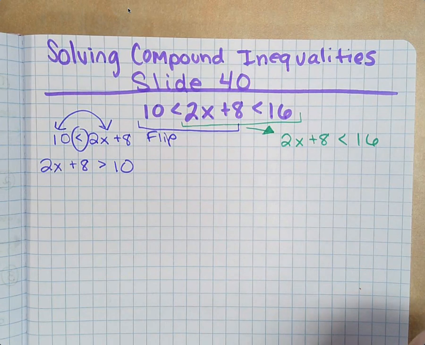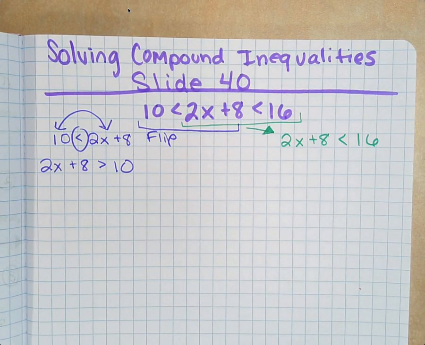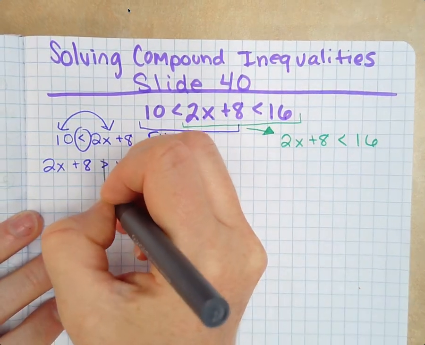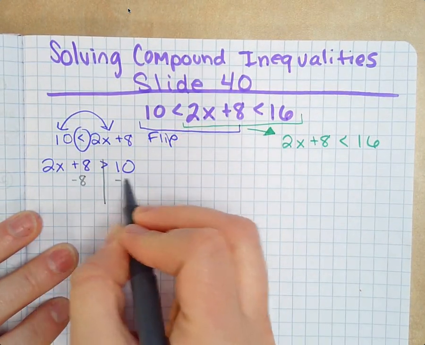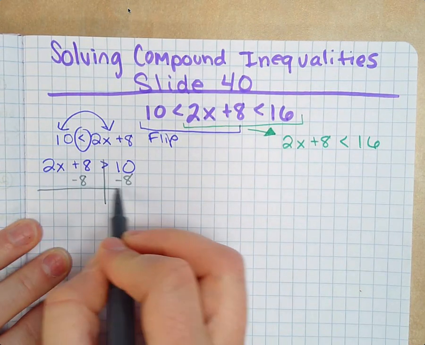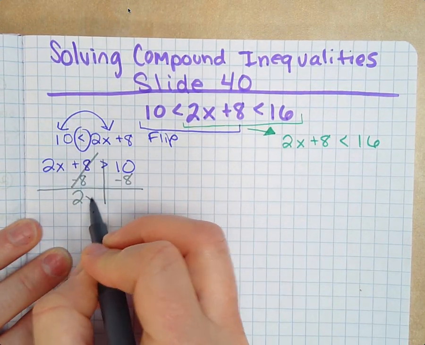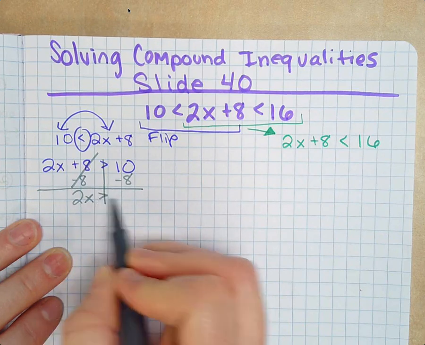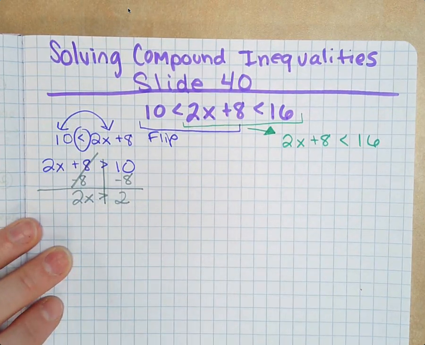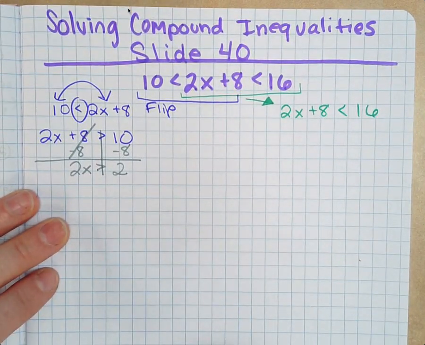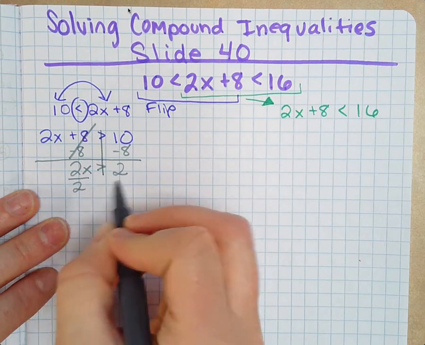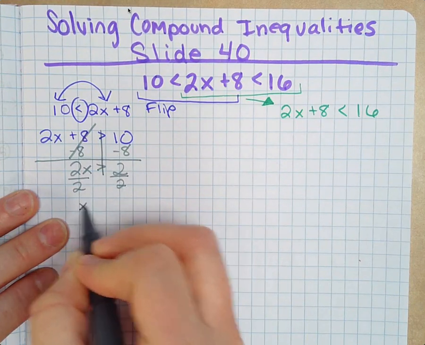And then we solve them individually. Minus 8 to both sides. We get 2x is greater than 2. Divided by 2, x is greater than 1.